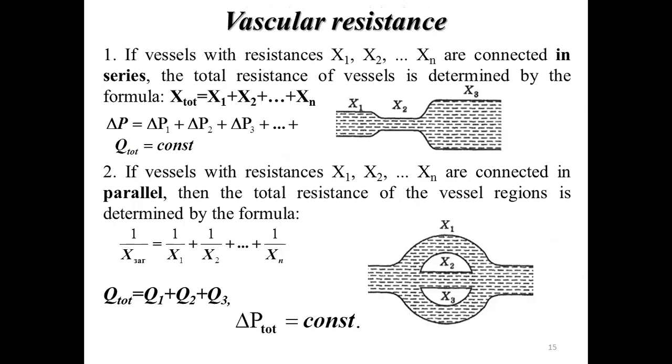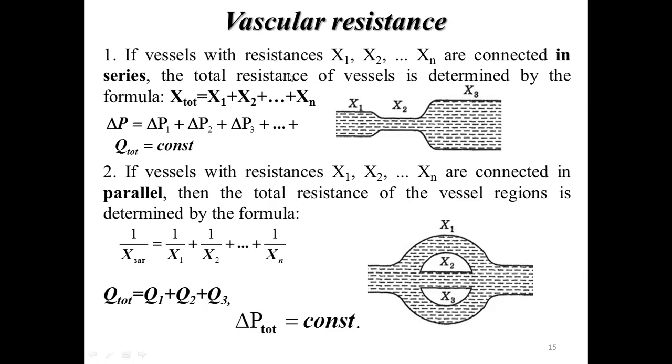When we consider branching of our vessels, we can use Kirchhoff rules to find the total resistance, total pressure gradient, and total volumetric velocity in case of a series and parallel connection of our vessels.